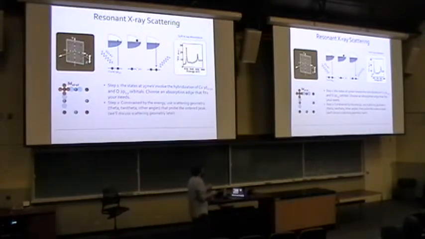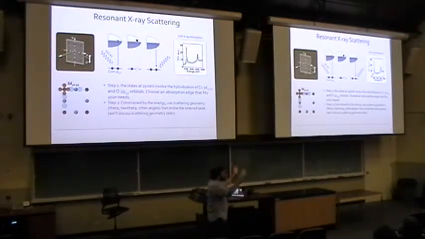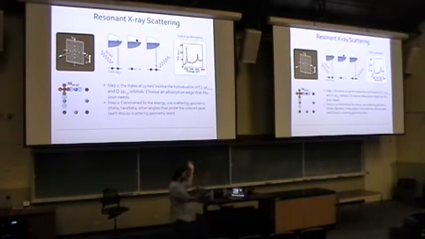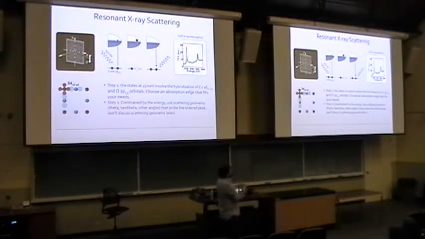You can do it. It's just, for technical reasons, because you need some energy to fit the geometry of the scattering, it's easier to do it with copper. Okay. So once you constrain the energy, you can work with your scattering geometry, and you can look for that order.